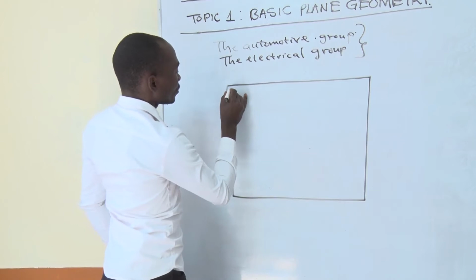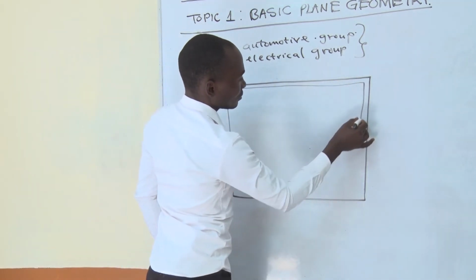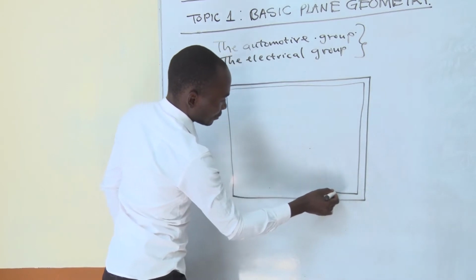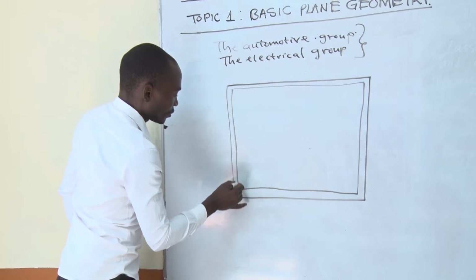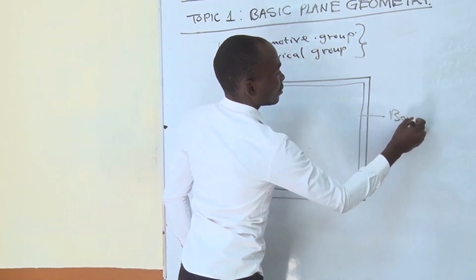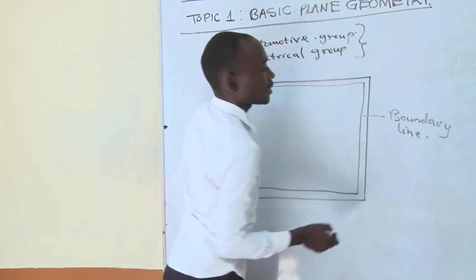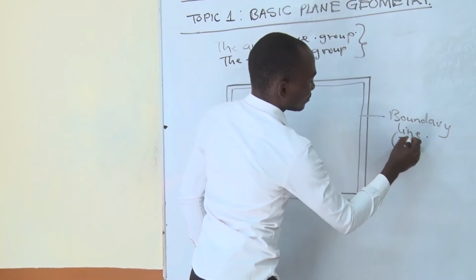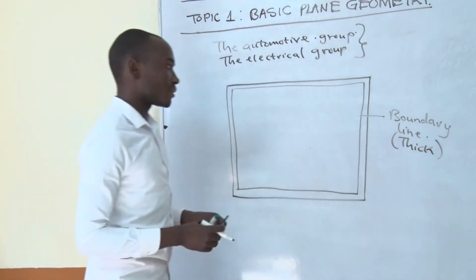Then you draw a line all around. So we call this line the boundary line. And it should be thick, so you should use a thick pencil.